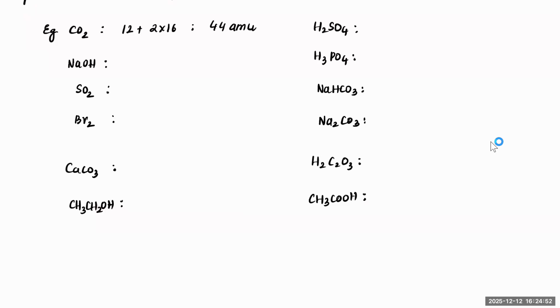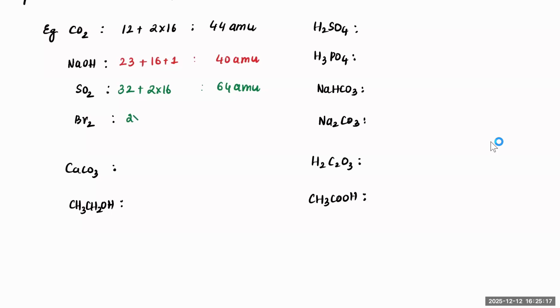Atomic mass of sodium is 23, oxygen is 16, hydrogen is 1. That makes it 40 AMU, right? Next, sulfur is 32 plus 2 times 16. That makes it 64 AMU.